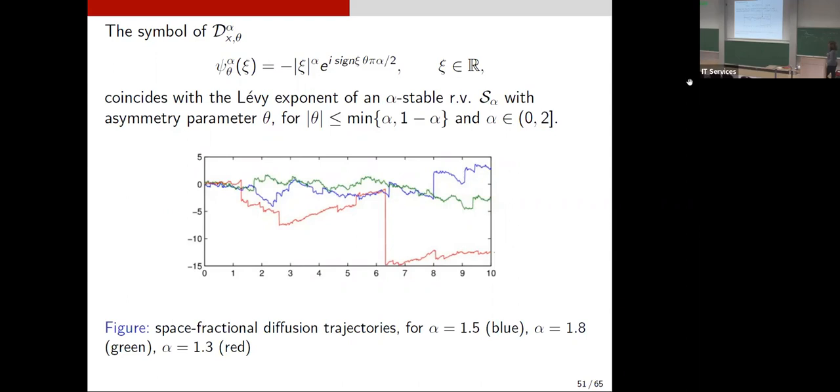And here you see that we have some very high jumps, and so we are far from the Brownian setting in this case.